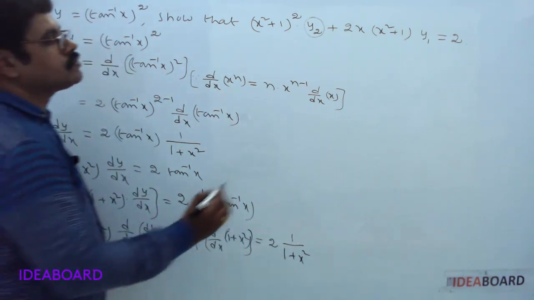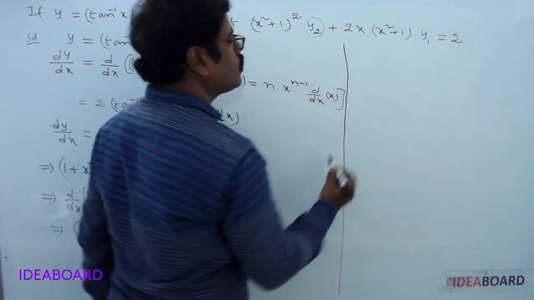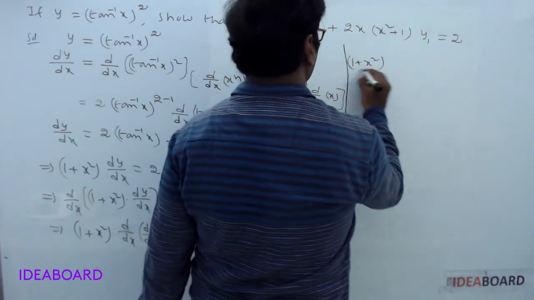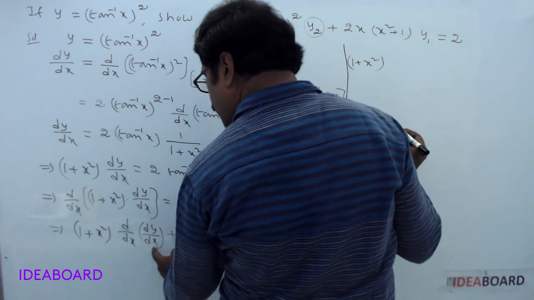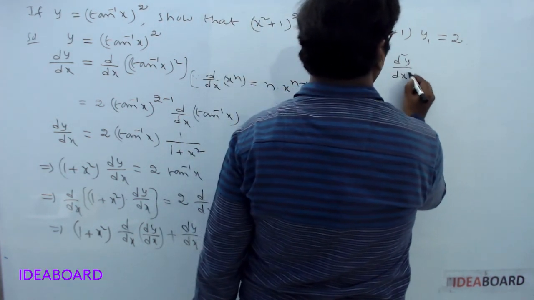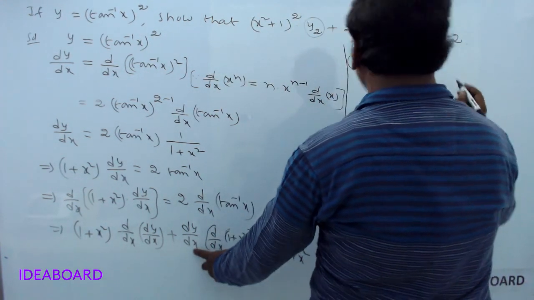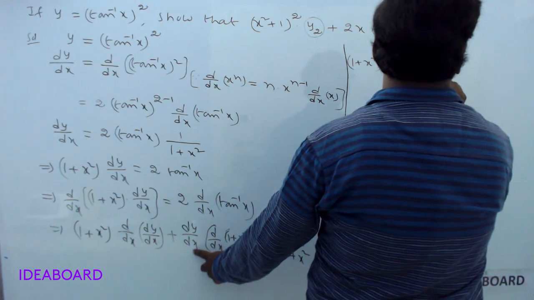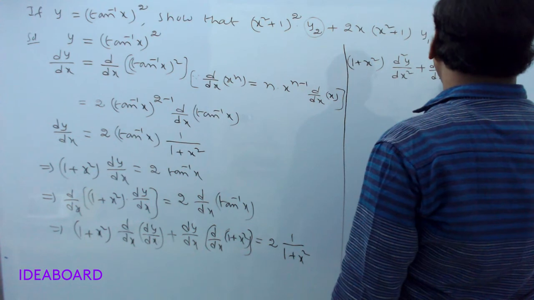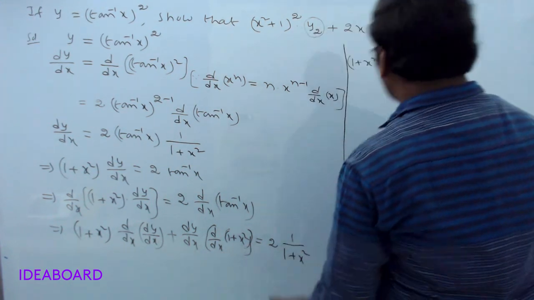Now see the simplification. Now (1 plus x square) into d by dx of dy by dx, which is the same as d square y by dx square, plus dy by dx into derivative of 1, that is constant term 0, plus derivative of x square.